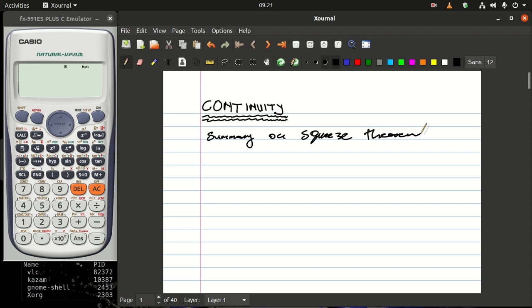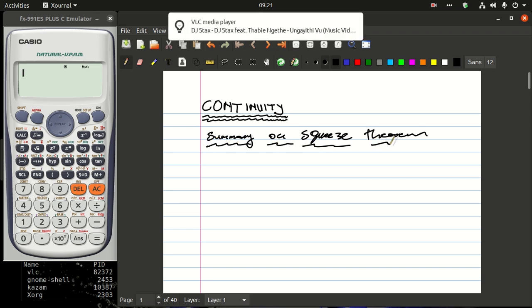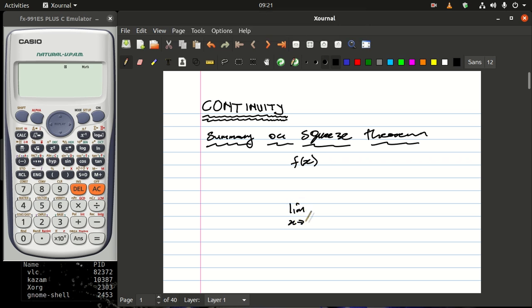So basically we said that if you wanted to use the squeeze theorem, all you need to realize is that if you are given some function f of x, and you want to find the limit as x approaches some value a of f of x, and you know that you can find some function h of x such that this function is always bigger than that function, and this function is always bigger than g of x in a certain interval.